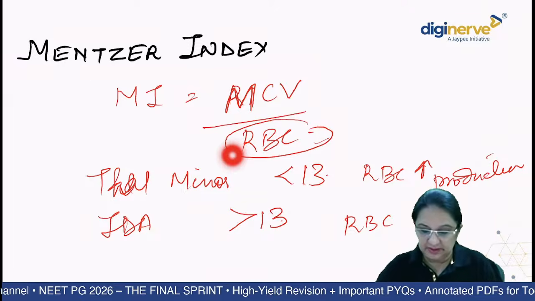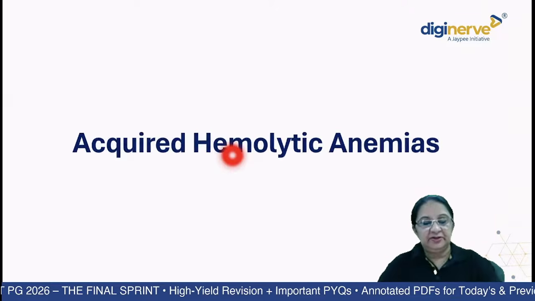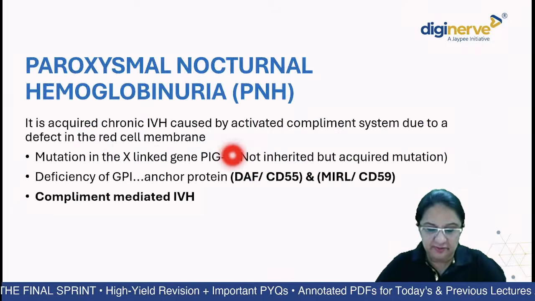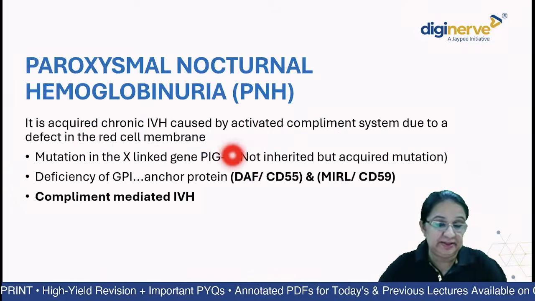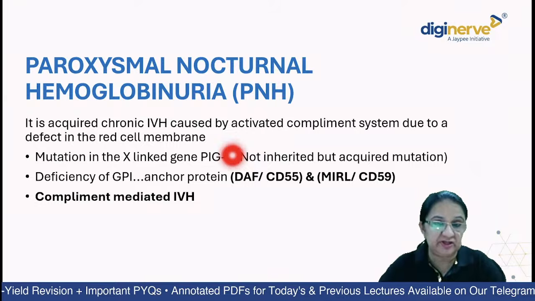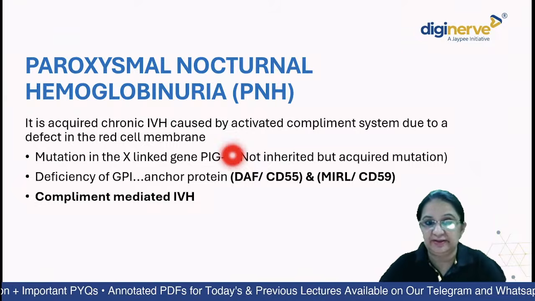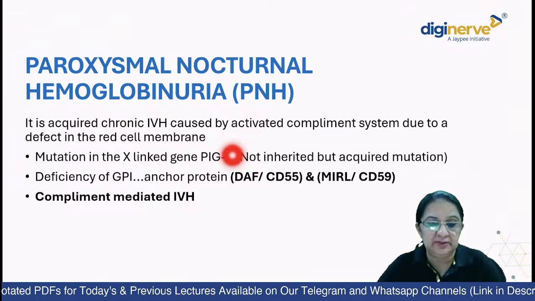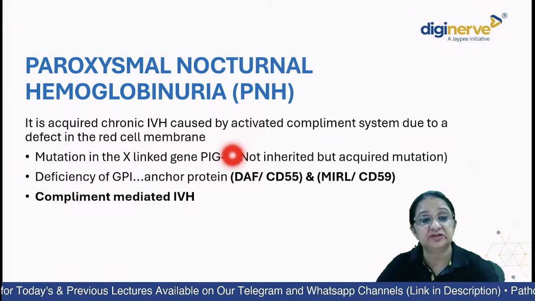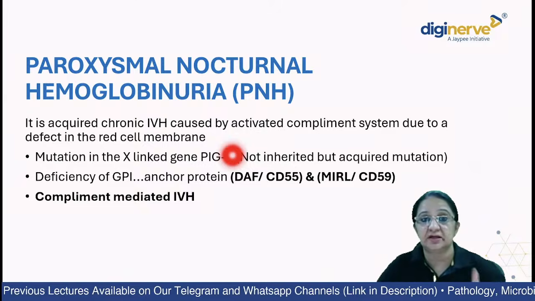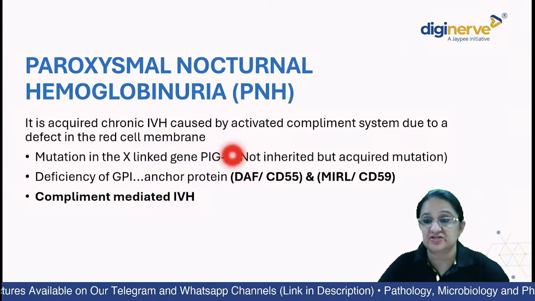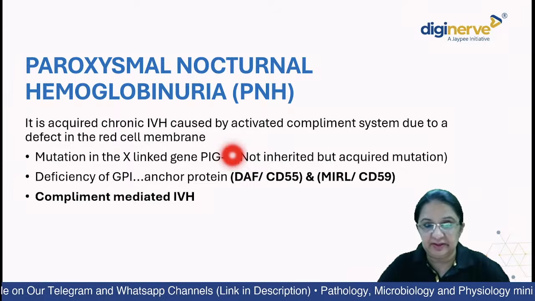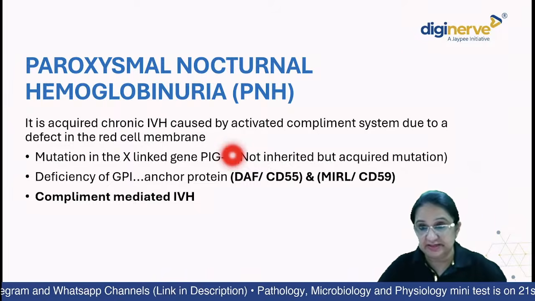Okay, clear? Now, these were hemoglobinopathies, coming to the acquired hemolytic anemias. We've studied the hereditary hemolytic anemias, now the acquired hemolytic anemias. We usually ask about paroxysmal nocturnal hemoglobinuria. Paroxysmal nocturnal hemoglobinuria is an acquired chronic intravascular hemolysis activated by the complement system due to a defect in the red cell membrane.